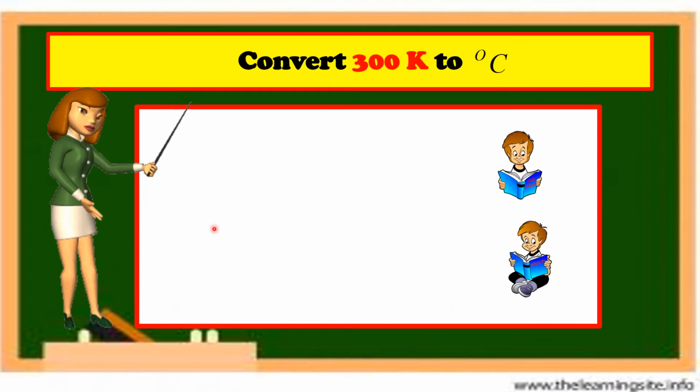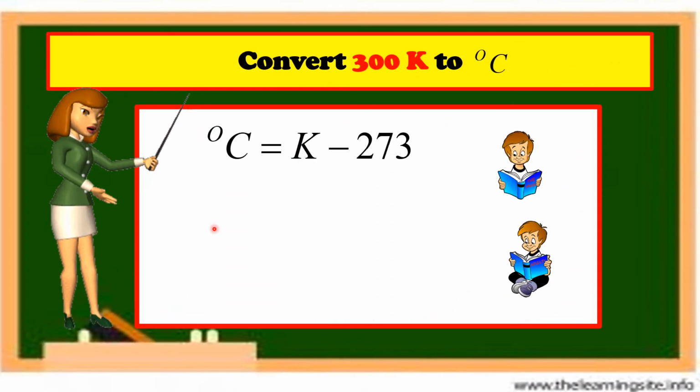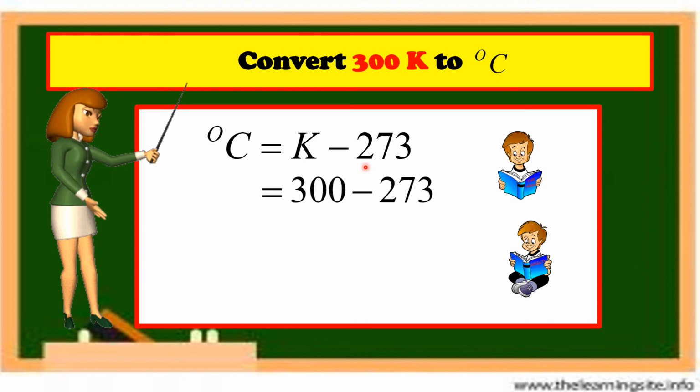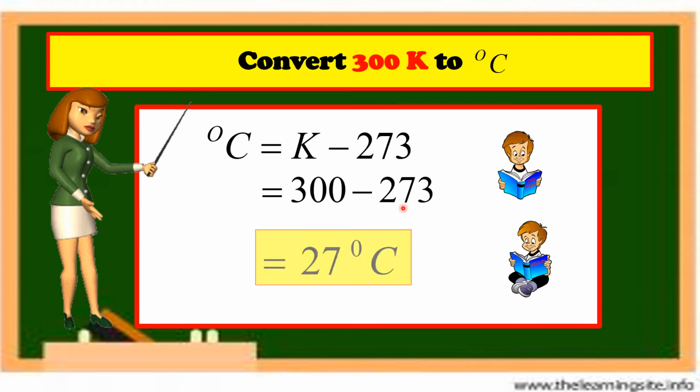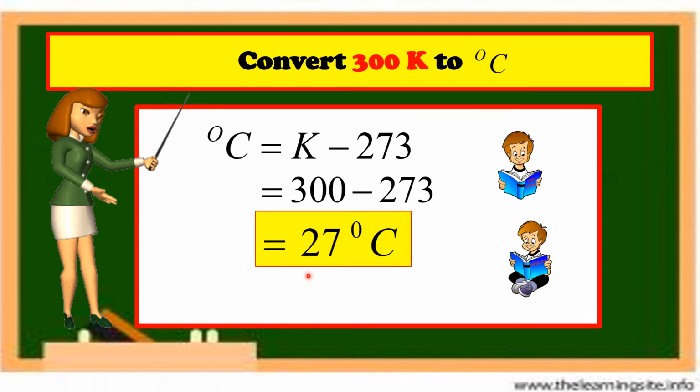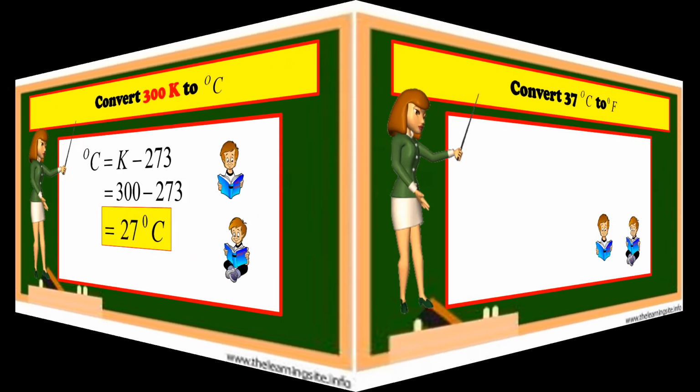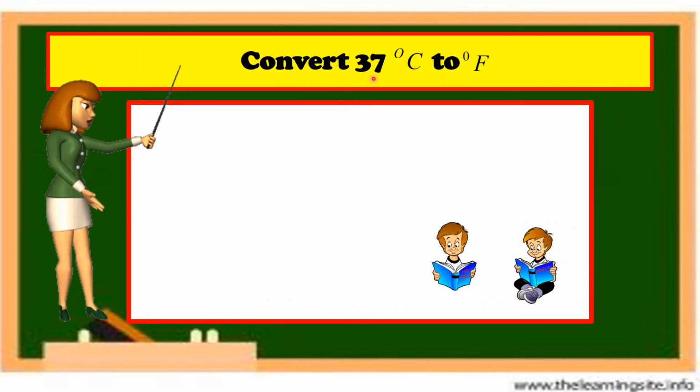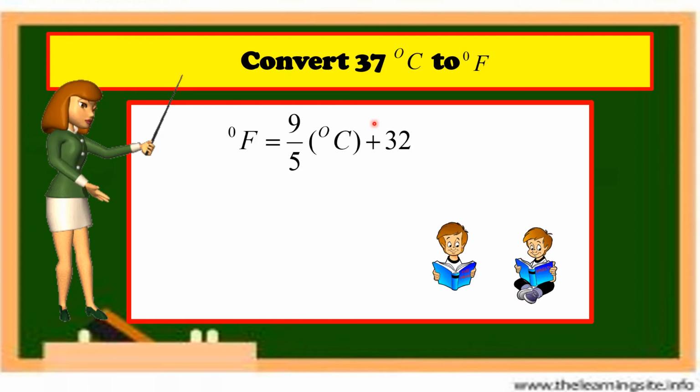Convert 300 Kelvin to degrees Celsius. Degrees Celsius equals Kelvin minus 273. Kelvin is 300. 300 minus 273 is 27 degrees Celsius. Convert 37 degrees Celsius to degrees Fahrenheit.